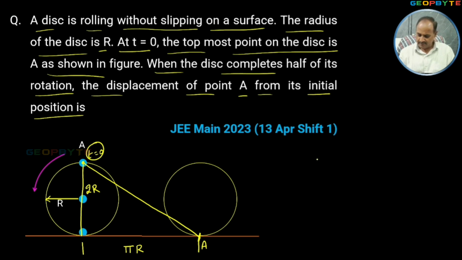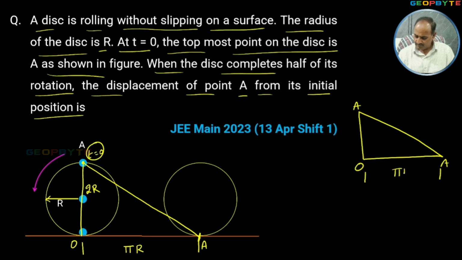For that, look at the resulting line diagram. It looks like this. This is the A. Let this be the O. This AA you are asked to decide. This is pi r, and this is 2 times the radius of the disk.